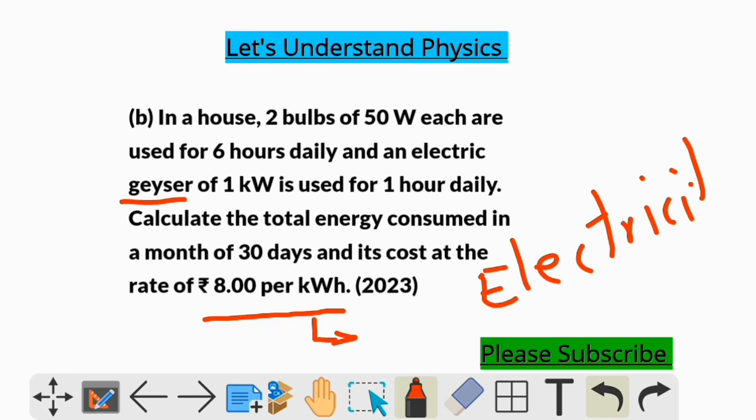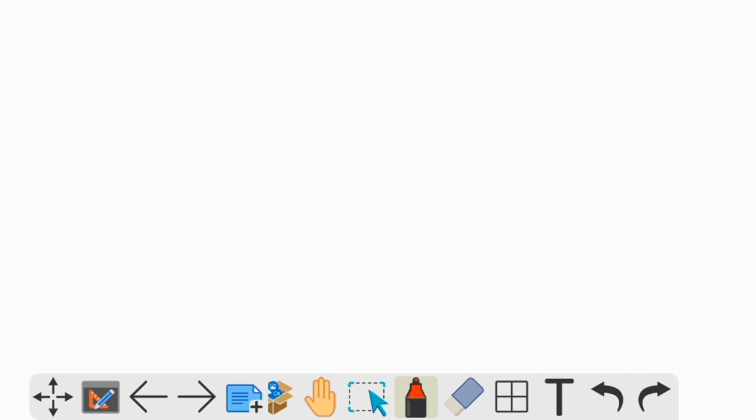In every house we can find the electricity bill by using this calculation. Depending upon our devices, we have to convert into kilowatt hours. Okay. Let's see how we find it. For my students, I used to teach like this.